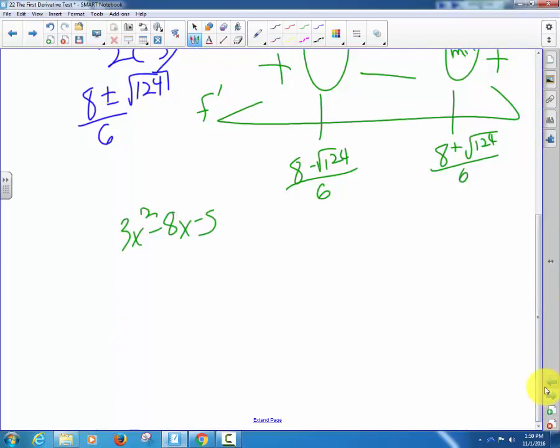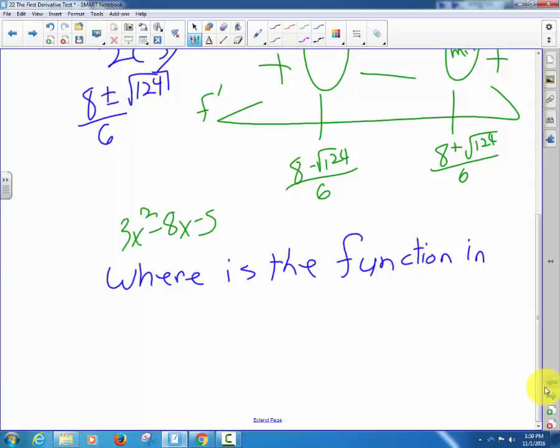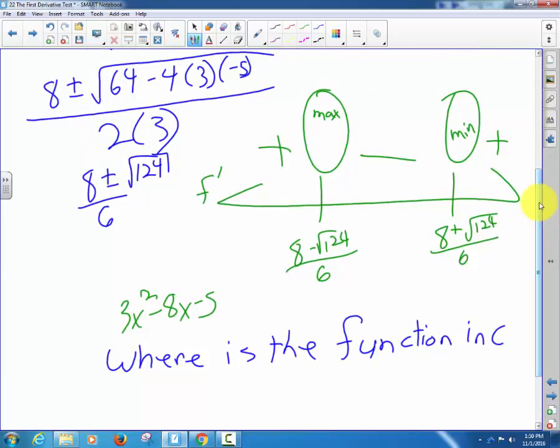Let's write down some questions. Where is the function increasing? Where's the function increasing? How would you answer that?